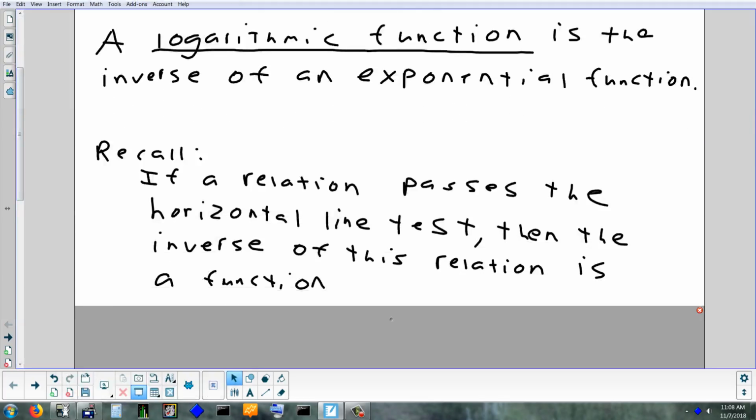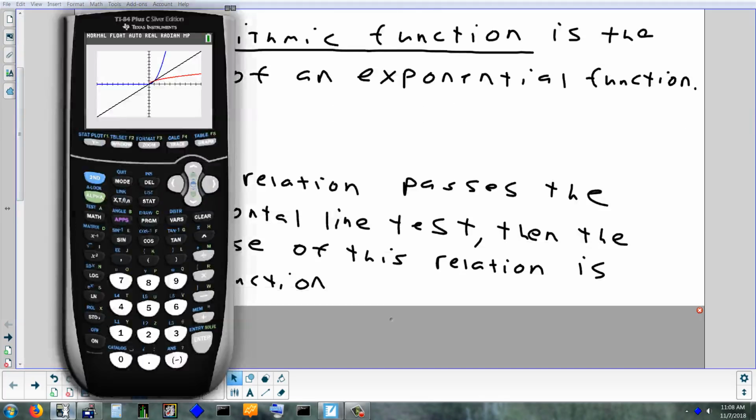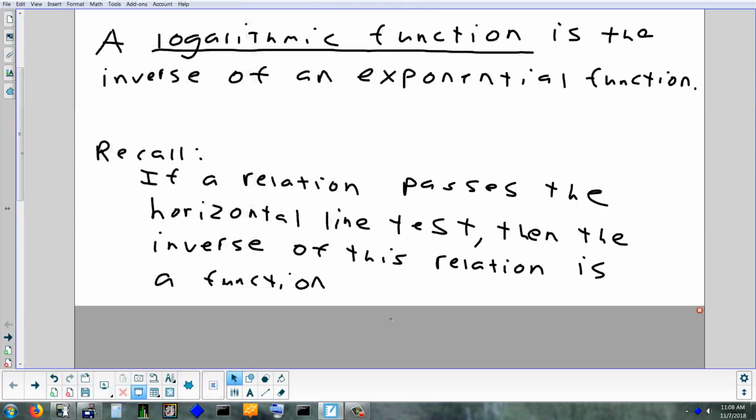So the reason why I had to put in that little condition of x greater than or equal to 0 is because in order for a function to have an inverse, like a square function, it has to pass the horizontal line test. If you graph the square function and you don't put any restriction, it looks like this.